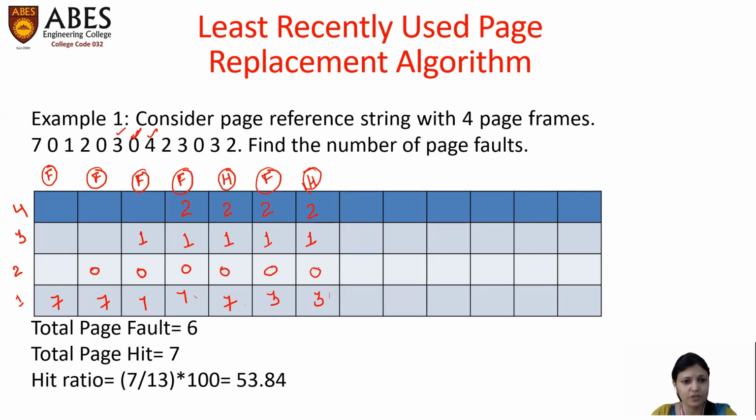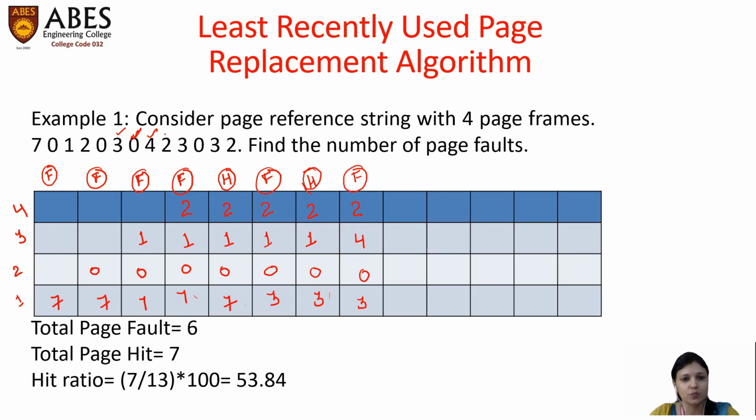Out of 0, 1, 2, 1 was the least recently used page. So we will replace 1 with 4. This is also a page fault as 4 was not in the memory frame.